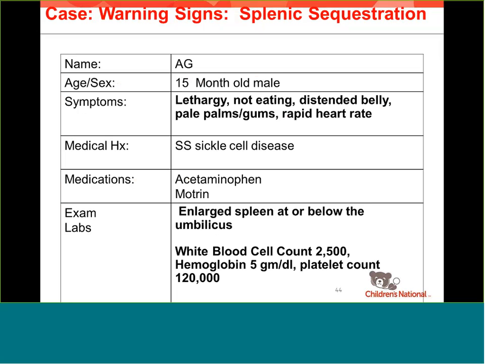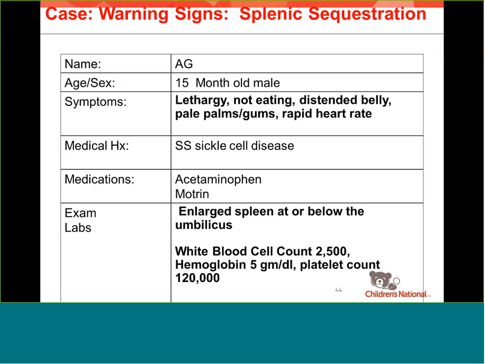So this is a case, a 15-month-old male with lethargy. In these cases where they cannot speak, they're not eating, one of the things you see commonly is a distended abdomen. They're just lethargic. You see pale palms and gums, rapid heart rate. The parents will say the heart rate is rapid.